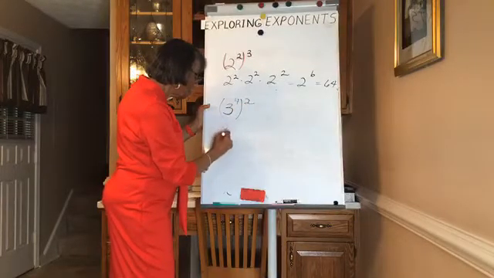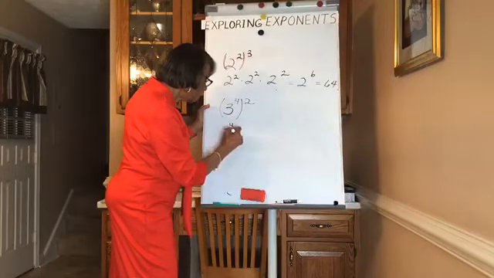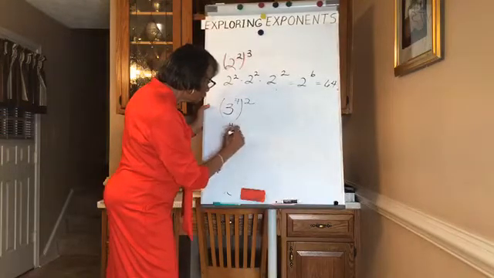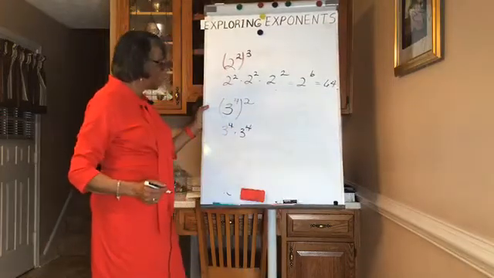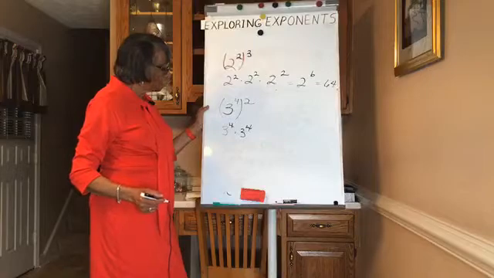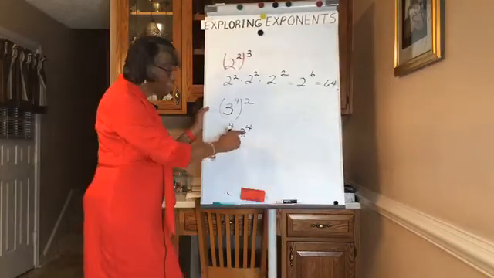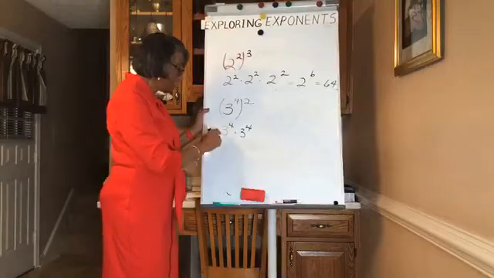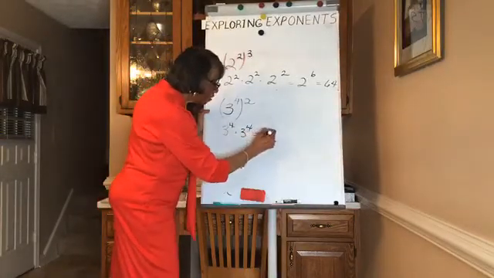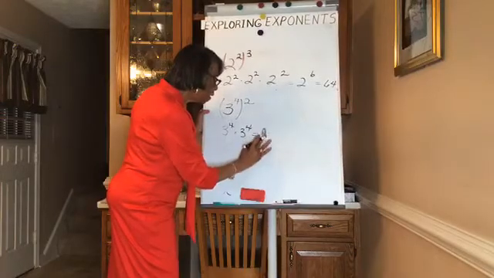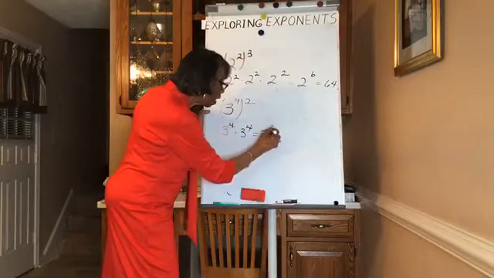So that's 3 to the 4th times 3 to the 4th. And we've already learned how to do this. So that's 1, 2, 3, 4, 5, 6, 7, what? 8. 3 to the 8th power.